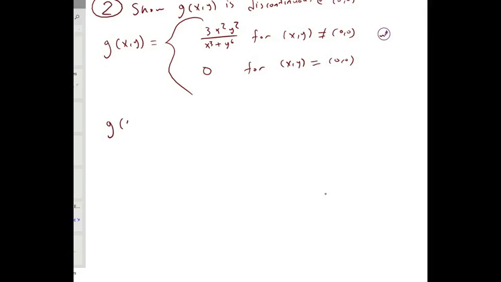So g of 0, 0 is just 0, according to the definition.